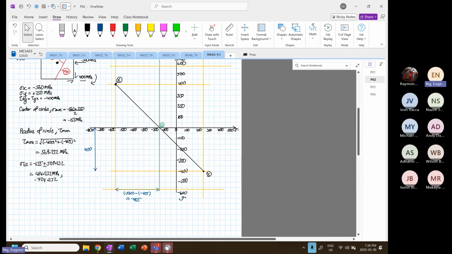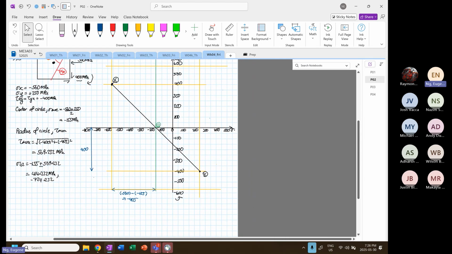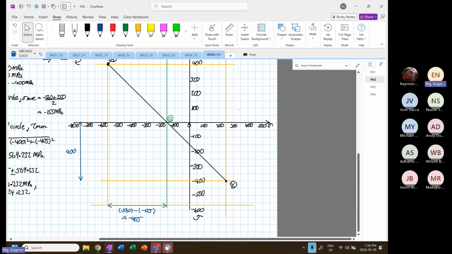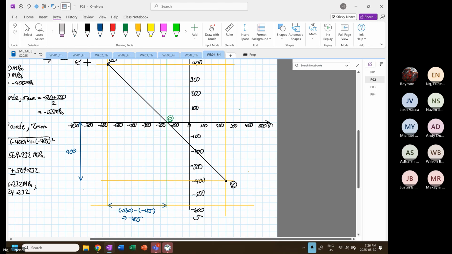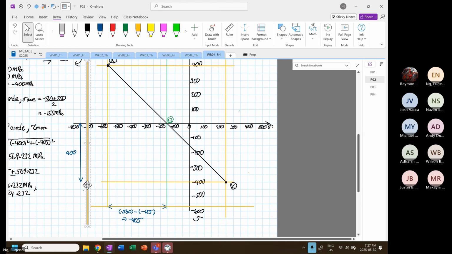And then our principal stress values are at 414 and 724. Okay, so 724 is somewhere around here.